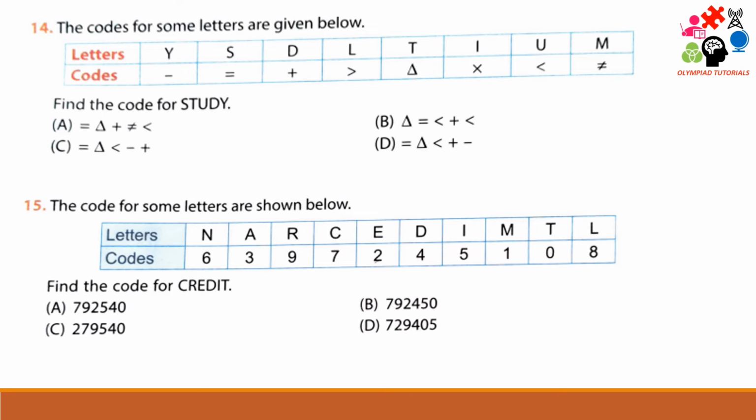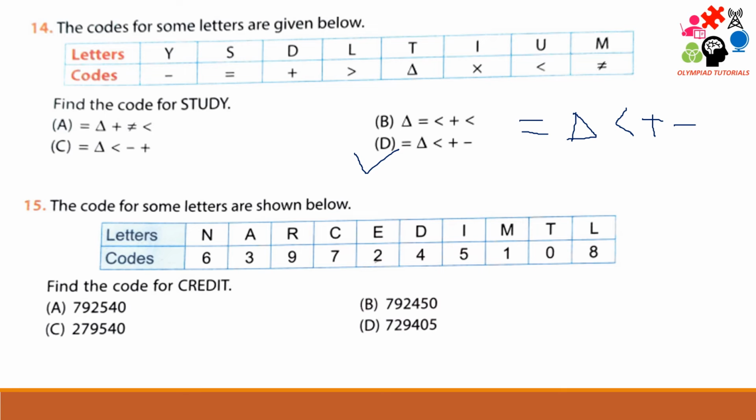The question number 14, the codes from some language is given below. So find the code for study. So S is equal to, T is delta, U is less than, D is plus, and Y is minus. So here if you just look at all the options, option number D is your correct option.